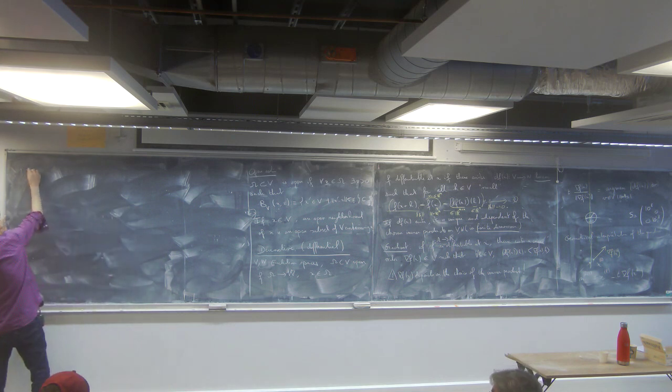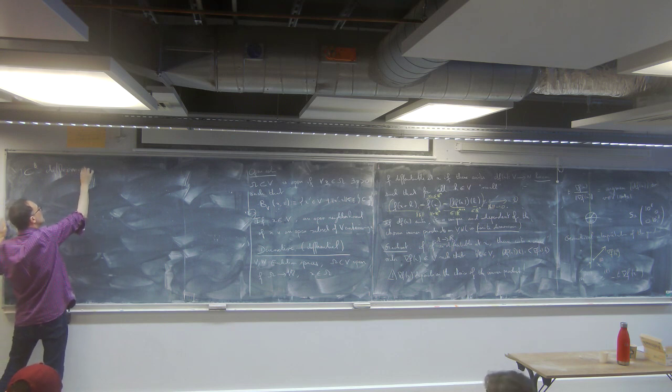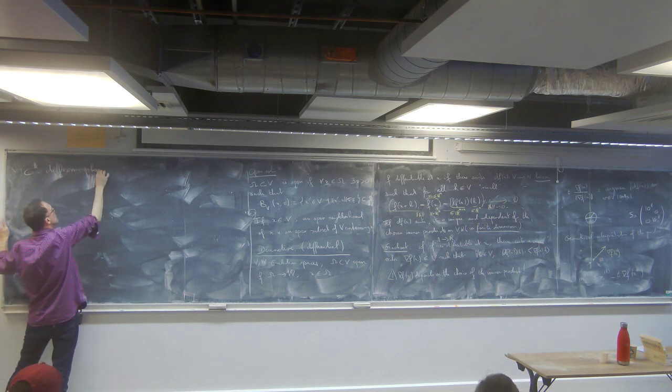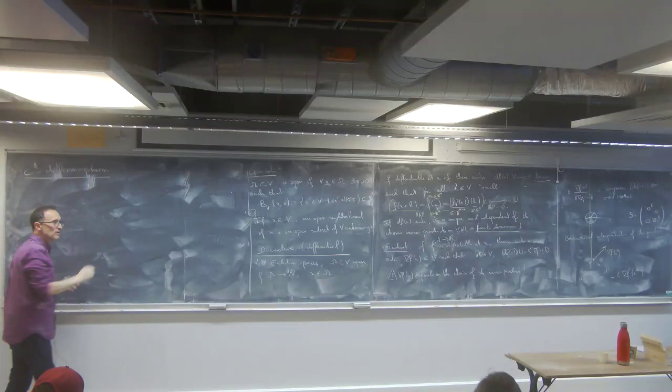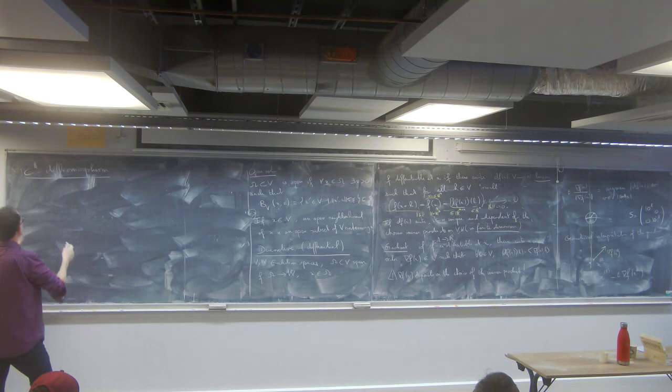Which is the notion of C^k diffeomorphism. This sounds scary, but it's something you are used to in some way. So what's that?